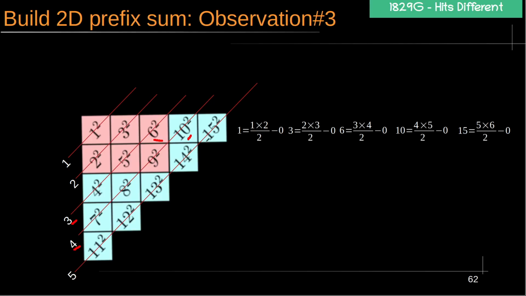Same for 15, which is in diagonal 5: 5 times 6 over 2.